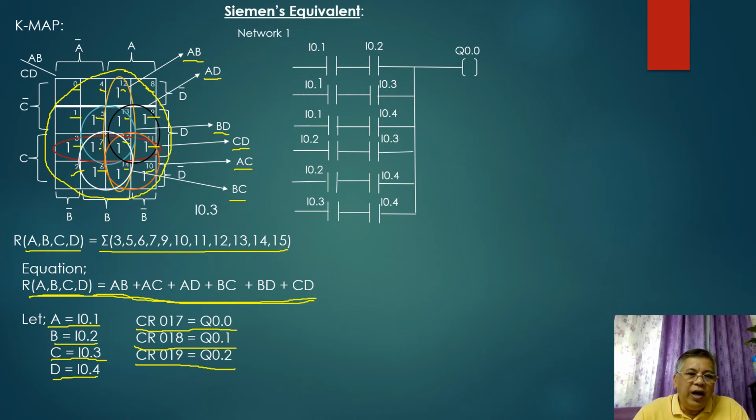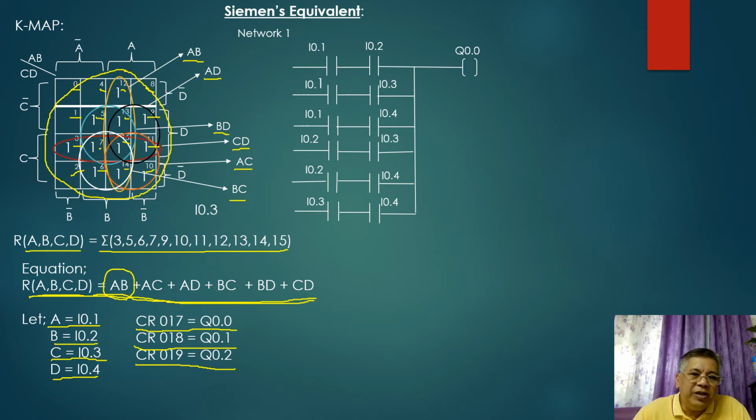Now, in our previous discussion, we said that if the variables are multiplied together, for example A, B, that will be represented by a 2-input AND gate, no?